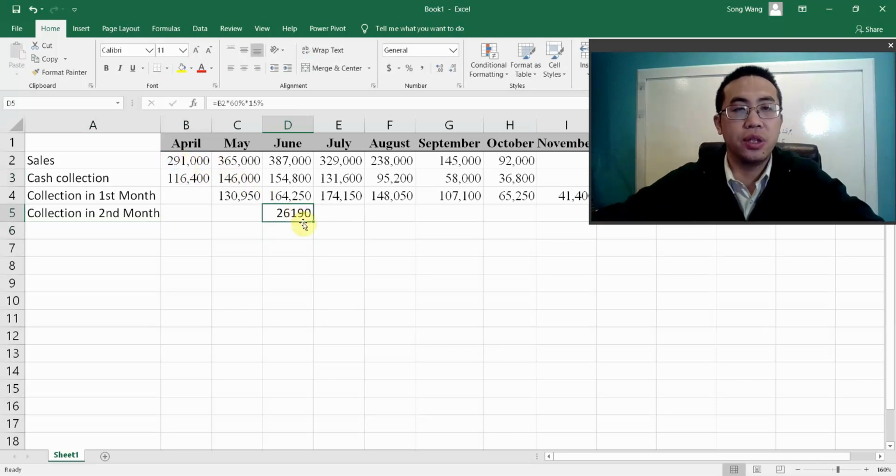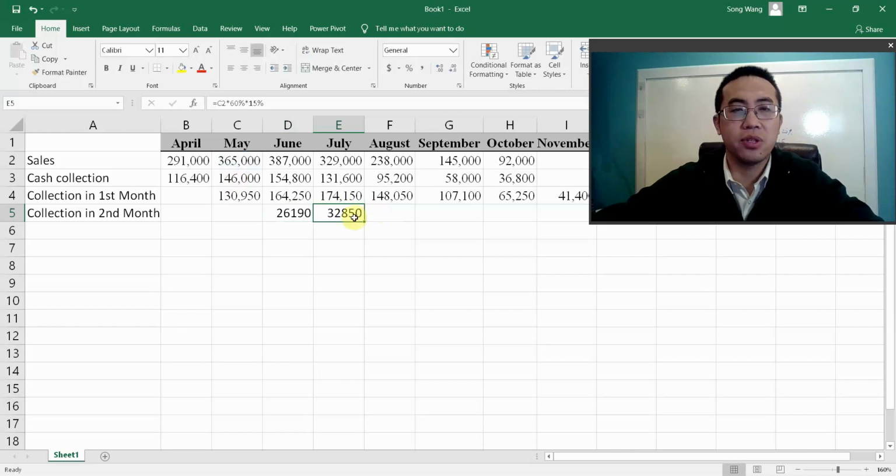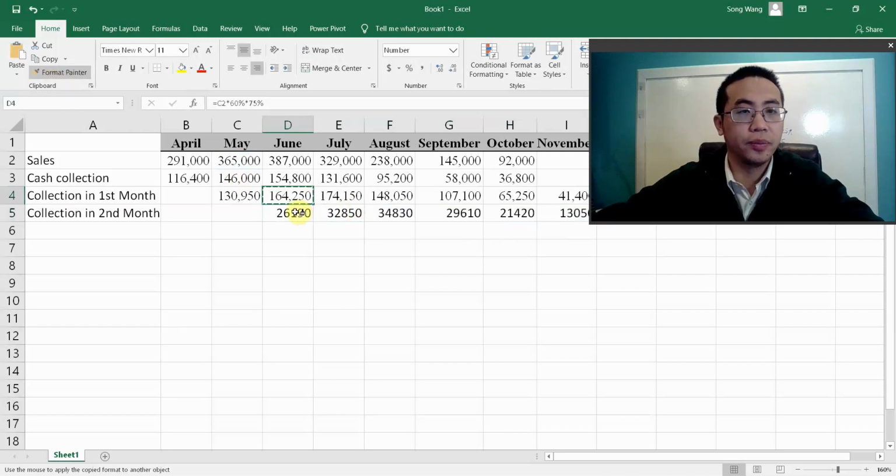All right, so that's how much you receive in June for April sales. And then I drag it. You can see this is the money I receive in July for May sales. It's like 60% times 25%. That's roughly 15%. So just drag it and use the format painter.